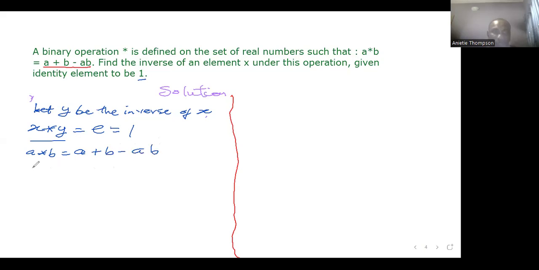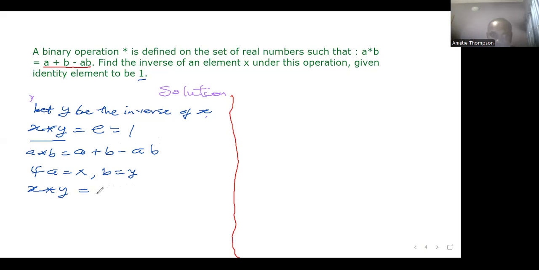And then if a is equal to x and b is equal to y, then x asterisk y must be equal to, look at the relation.